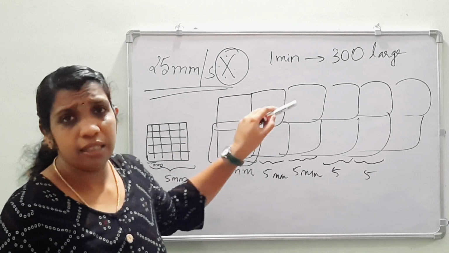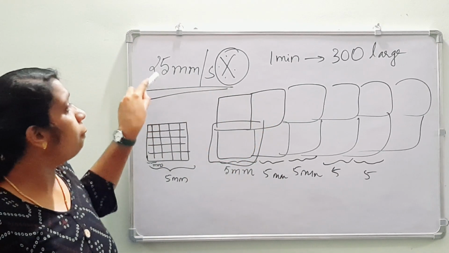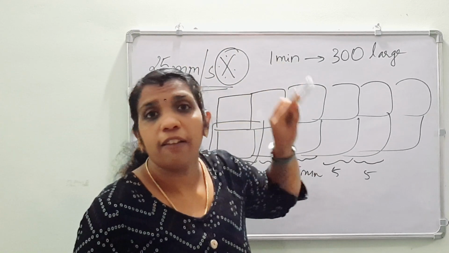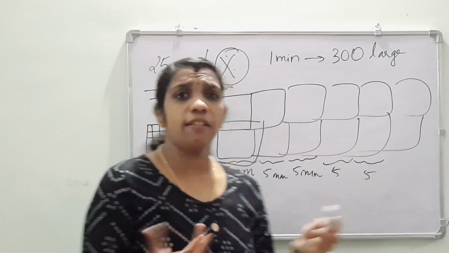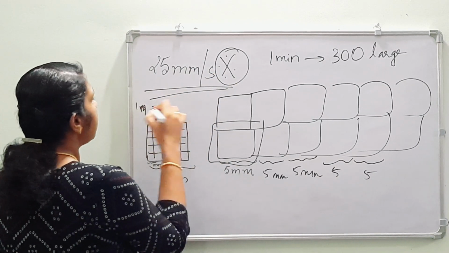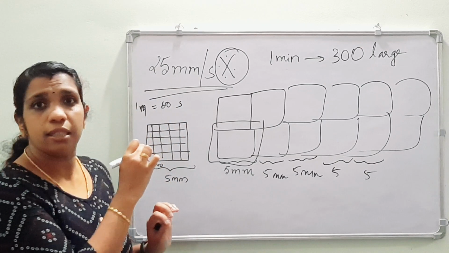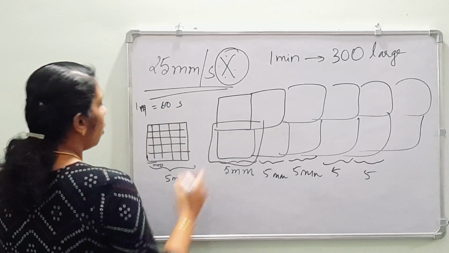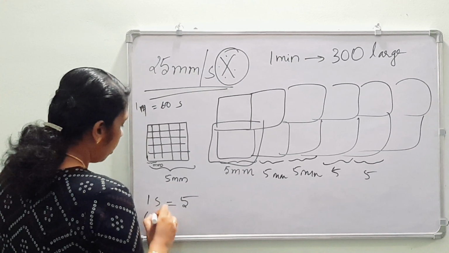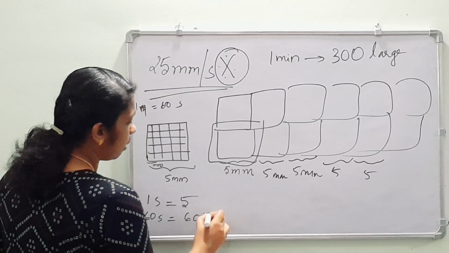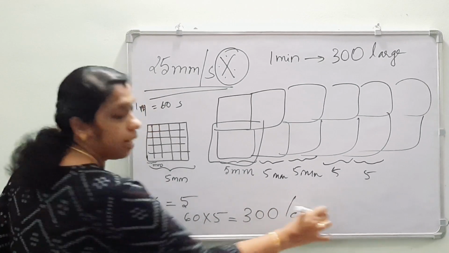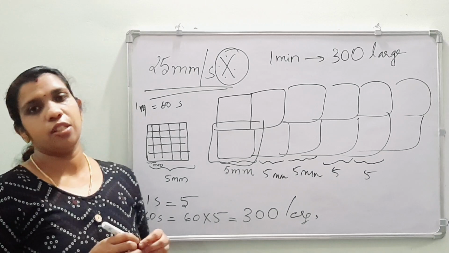In 1 second it will be covering 5 large squares, and in 60 seconds it will be covering 60 into 5, which is 300 large squares.